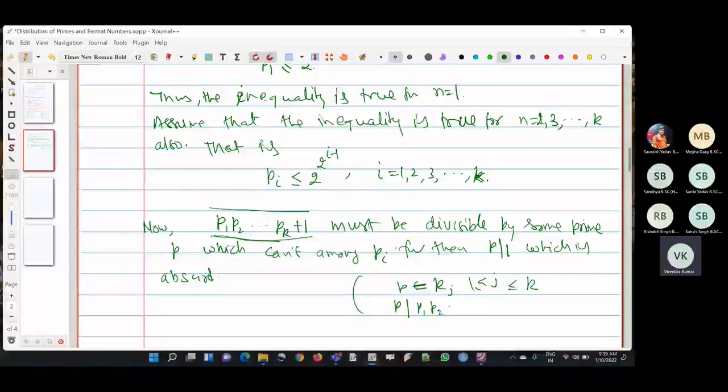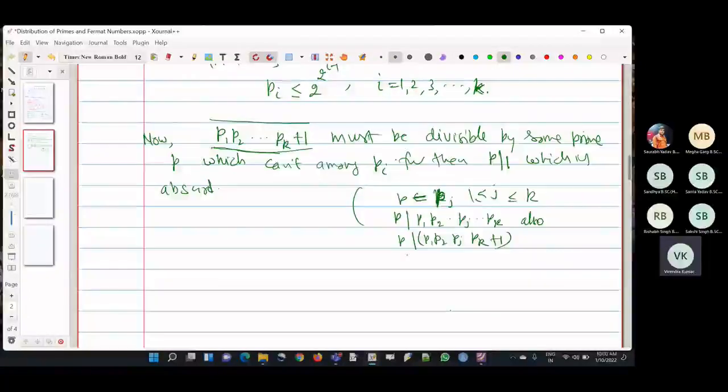Then p divides p1, p2, up to pj and up to pk. And since p also divides the product plus 1, this implies that p should also divide 1.